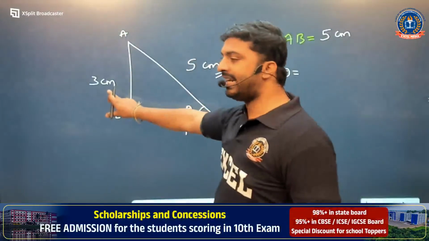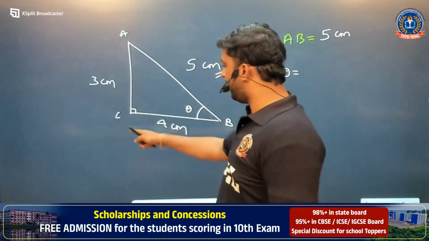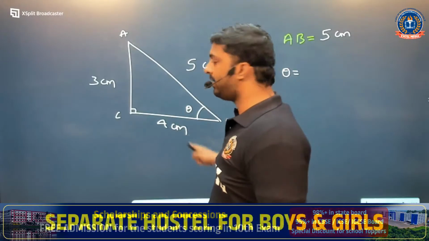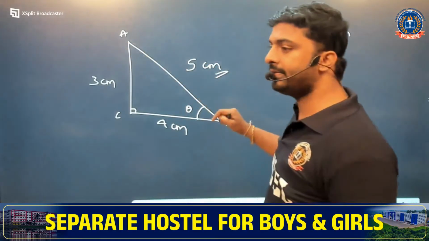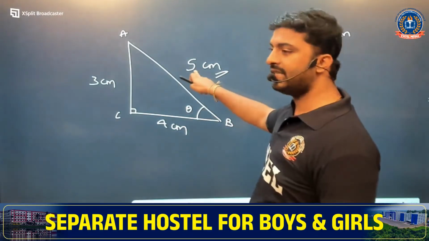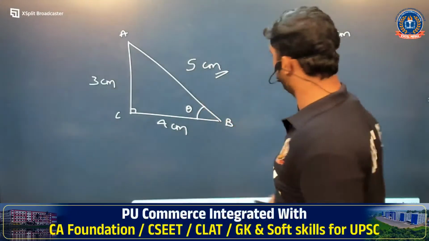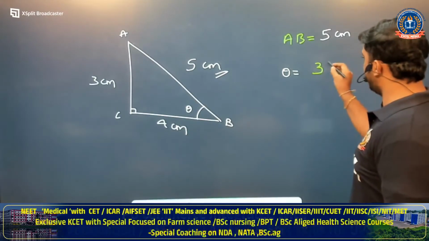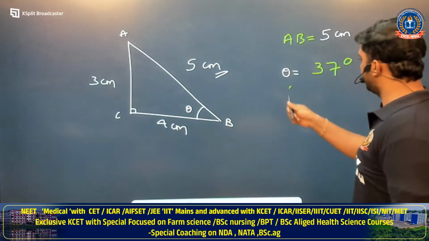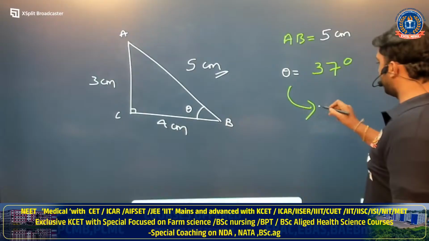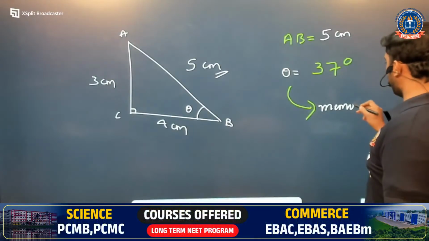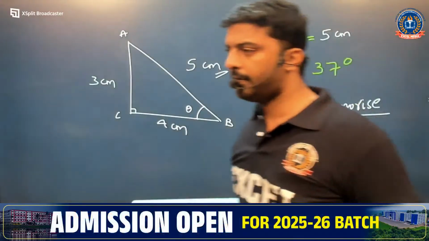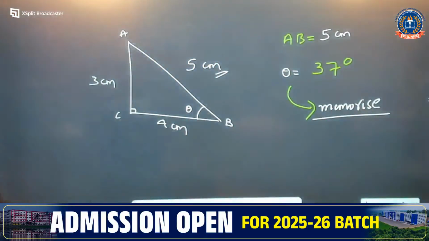If opposite side is 3 centimeter and hypotenuse is 5 centimeter, the angle is 37 degree. You have to memorize this. Can you remember these things?